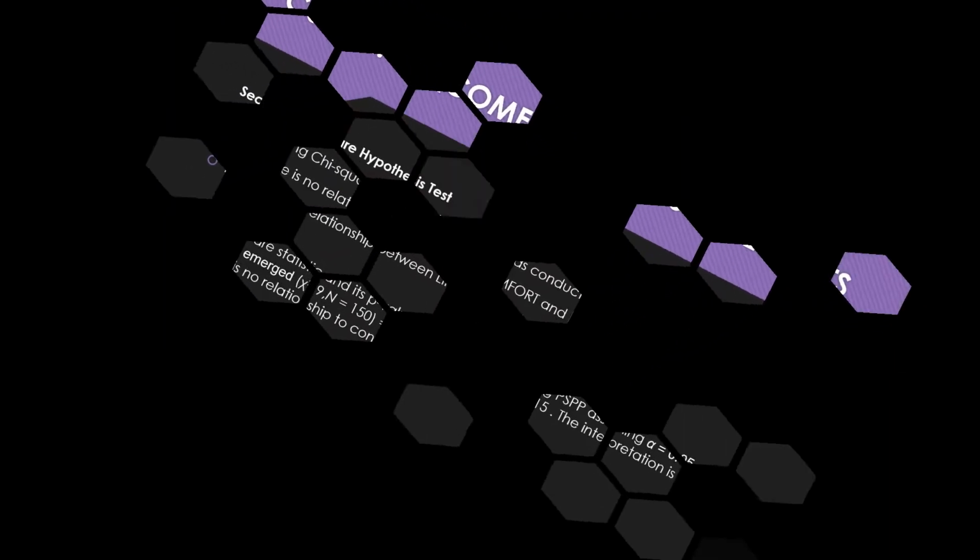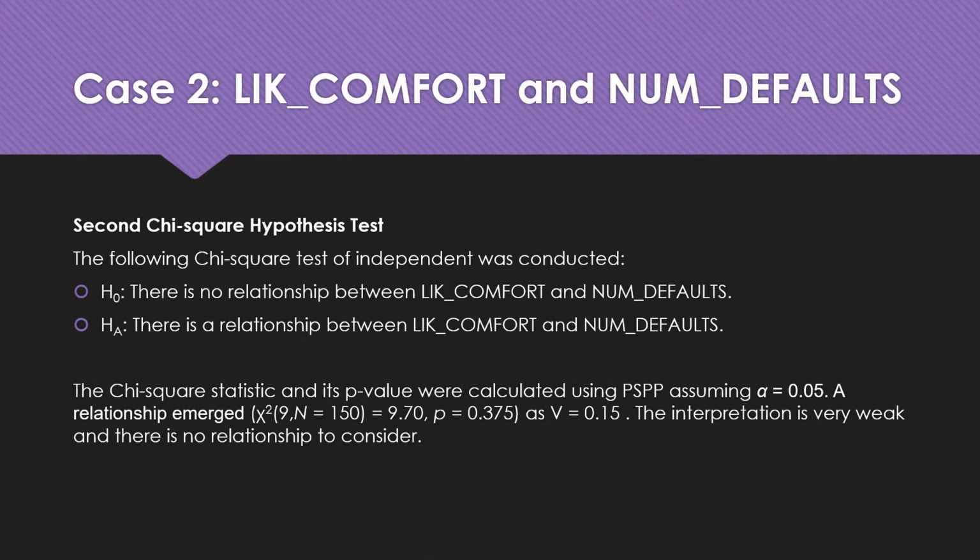Case number 2, the second relationship, is between Likert comfort and the number of defaults. In the null hypothesis, there is no relationship between Likert comfort level and the number of defaults. The alternative hypothesis states that there is a relationship between Likert comfort level and the number of defaults. Let's see.